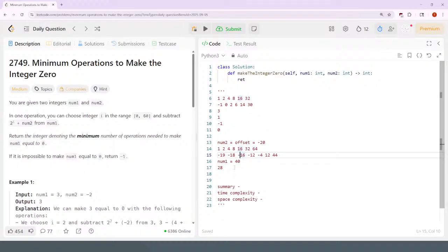So 28, I would subtract 12 or 44. Minus 12 would give you 16. Minus 44 would give you negative 16. So they're equally as far away from 0.